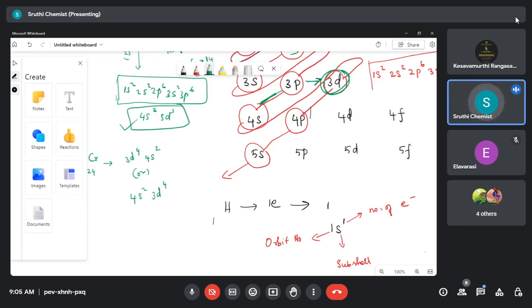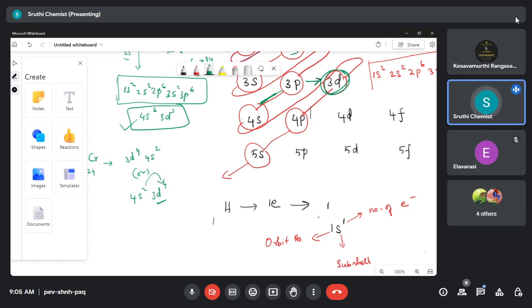But actually what happens? This is quite unstable, because there are 4 electrons. We know that half filled and completely filled are more stable, right? So chromium borrows one electron from the 4s.